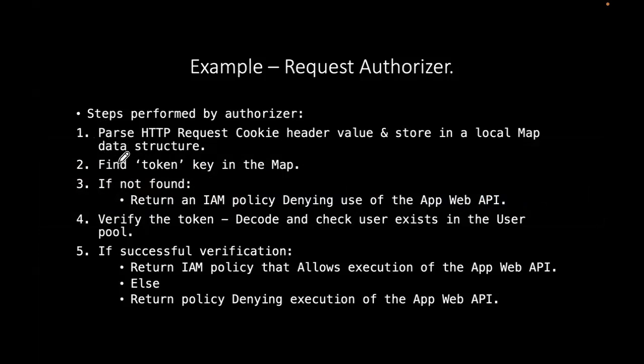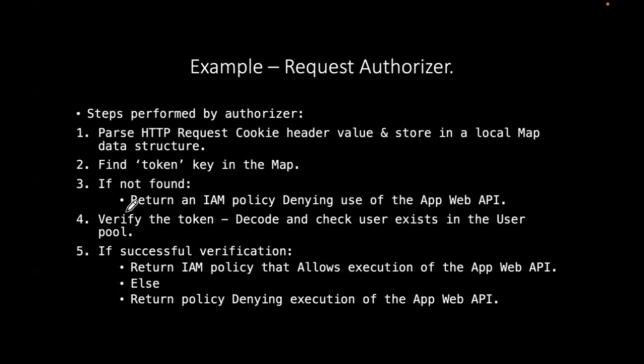Then it looks through that map for a key called token, because that's what I decided to use in my case. So the value associated with this key is obviously the JWT token that was created by Cognito. If it doesn't find it, it returns an IAM policy that says deny access to the backend functionality.